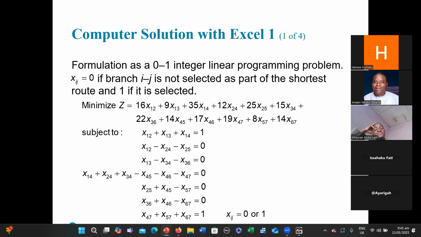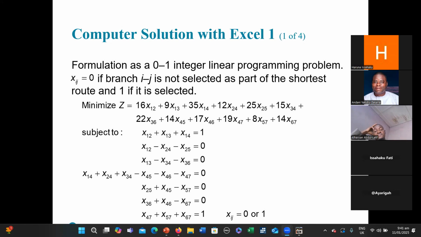And this is what we are trying to uncover.